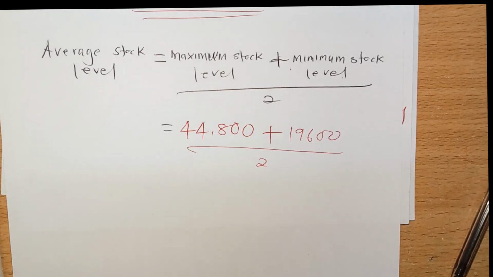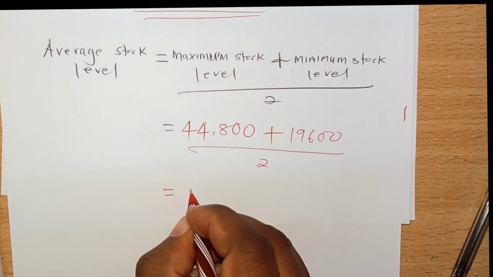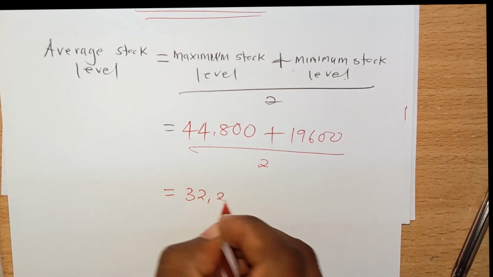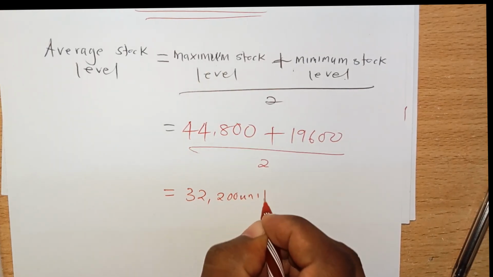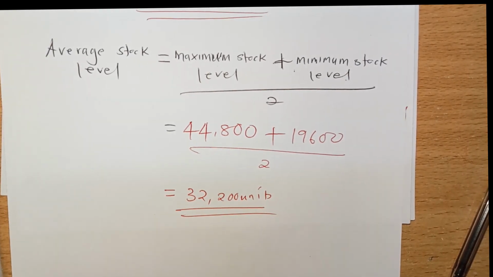My calculator is giving me 32,200 units. So that's how you find the average stock level.